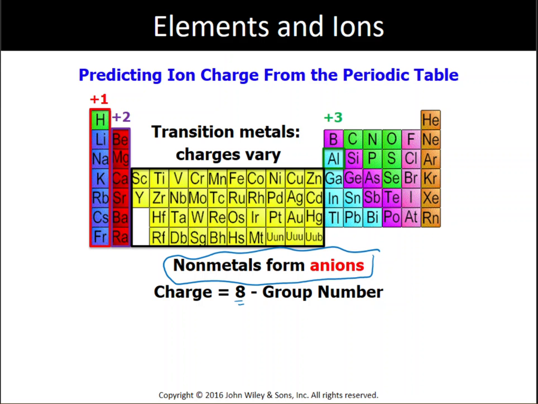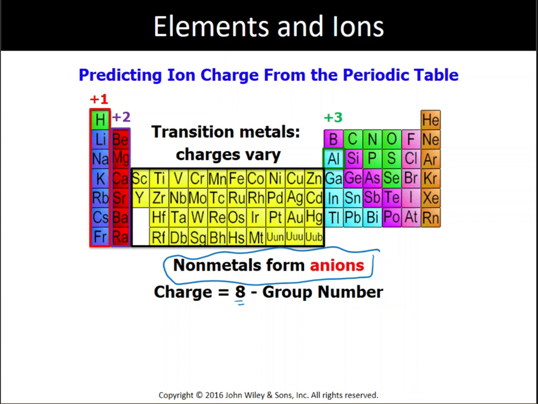So all the nonmetals, actually carbon is a nonmetal, nitrogen, phosphorus, oxygen, sulfur, selenium, fluorine, chlorine, bromine, iodine, and the last group, group 8A, are nonmetals. So carbon, we're not going to talk about carbon.